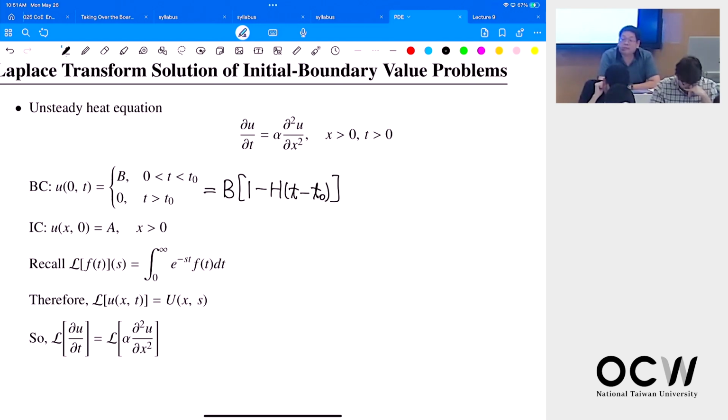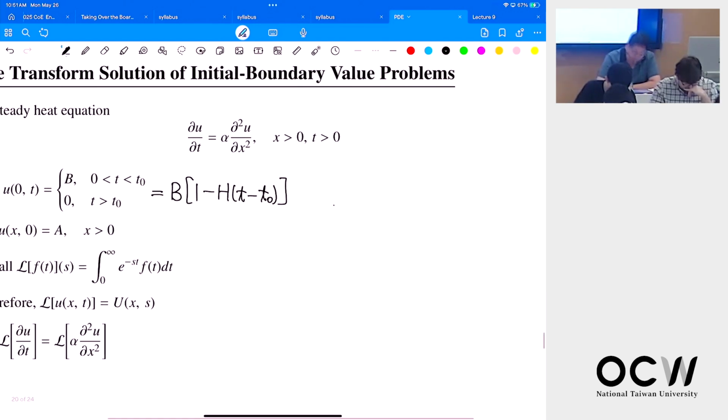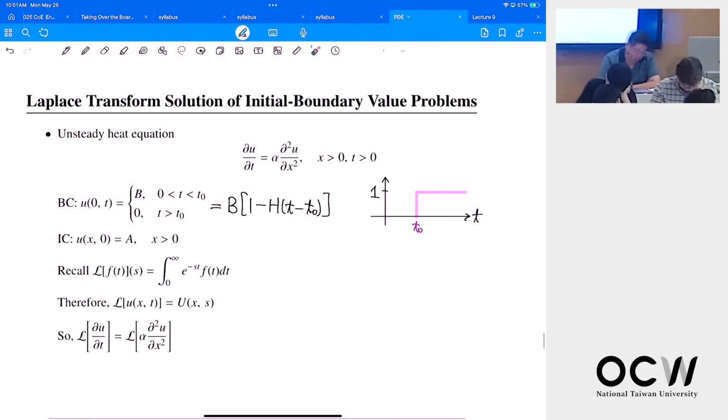Remember, the Heaviside function of t minus t naught only has a value when t is greater than t naught, and the value is 1. All right, and then the initial condition here.